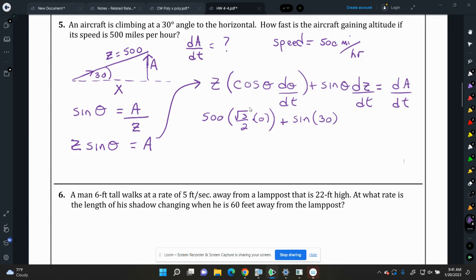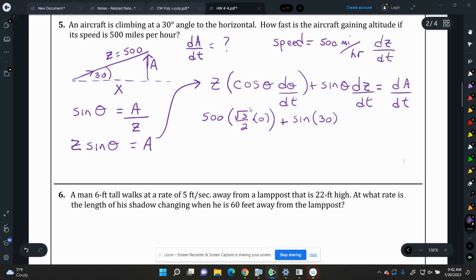Wouldn't it be 0 if you're saying Z is 500? How fast is the aircraft moving if its speed is 500 miles per hour? That is dz dt.